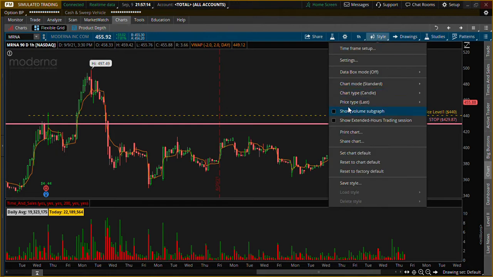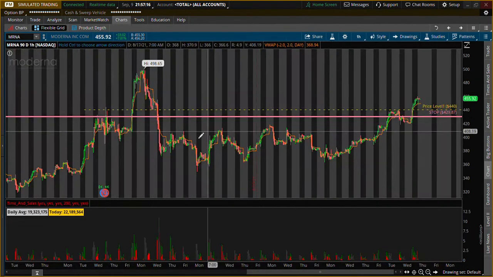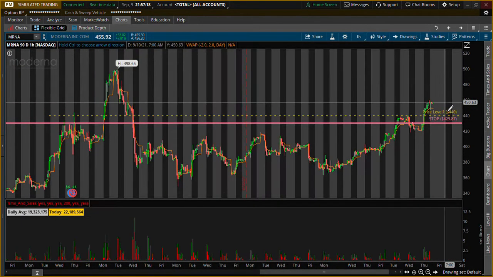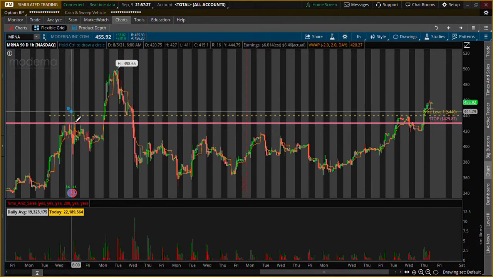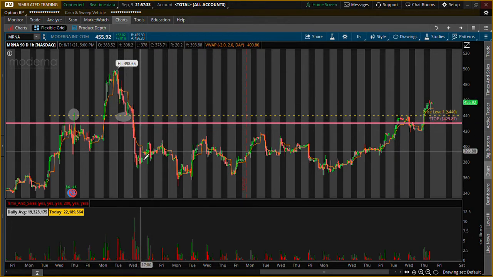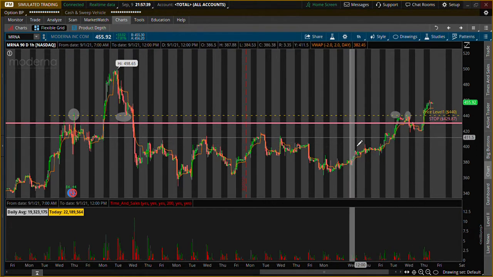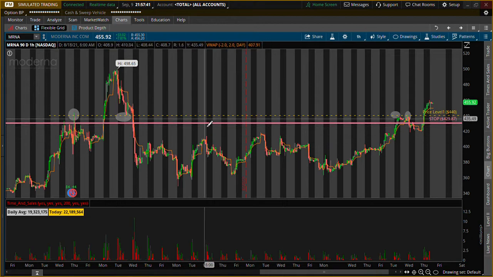If I turn pre-market on, you could clearly see that MRNA touched one. So I would just draw this: one, two, because this was some support right here. It came up and then went back down, and then three. And then the fourth time right here.